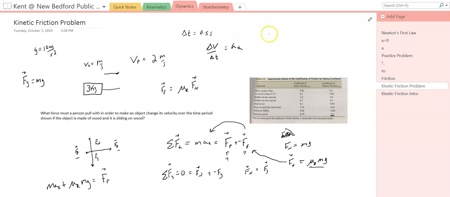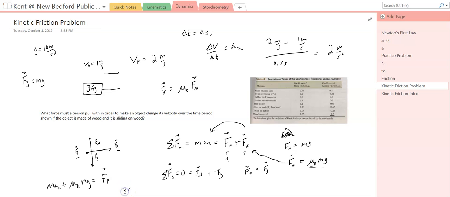The change in velocity is 2 meters per second minus 1 meter per second, and our change in time is 0.5 seconds. So that means the acceleration is going to be equal to 2 meters per second squared. If you do 2 minus 1, you get 1, divided by 0.5, you get 2. You can plug that in for the acceleration in the x direction, and let's plug our numbers in now.